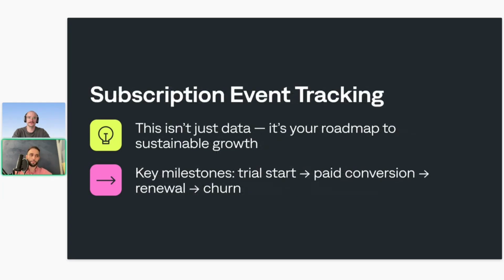So let's break down how tracking post-install events actually works inside Apple Search Ads. It all starts with the SKAdNetwork, Apple's privacy first attribution framework. The user taps your ad and installs the app. Your app's SDK, like Qonversion, begins tracking subscription events like trial starts, conversions, and renewals.